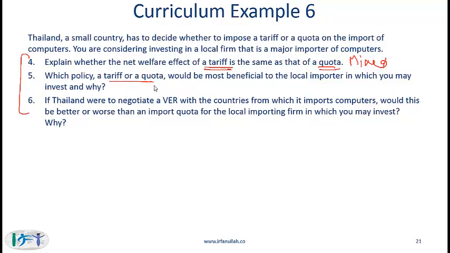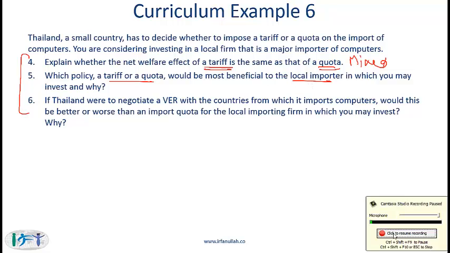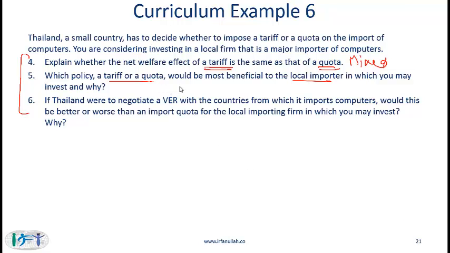Which policy, a tariff or a quota, would be most beneficial to the local importer in which you may invest and why? This is a good question. If you think of a local importer and a tariff, the tariff is not good for the importer because that extra tariff is simply going to the government, and with the tariff the quantity comes down.